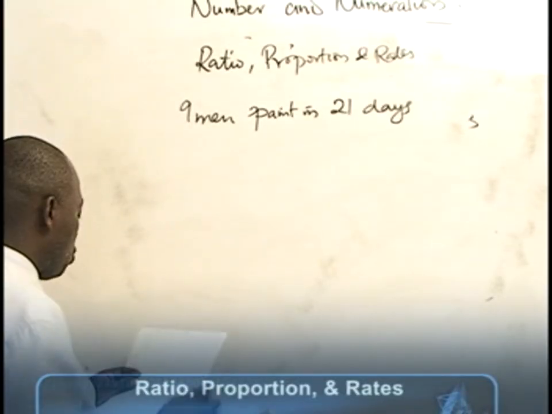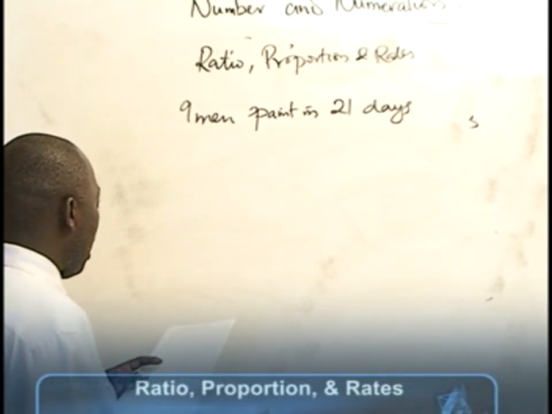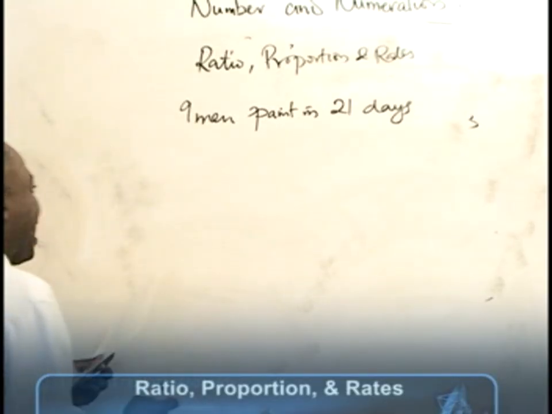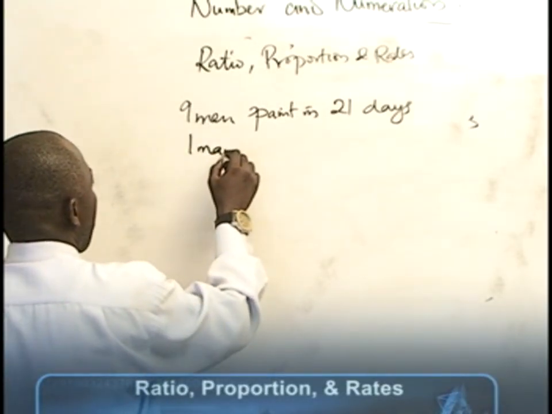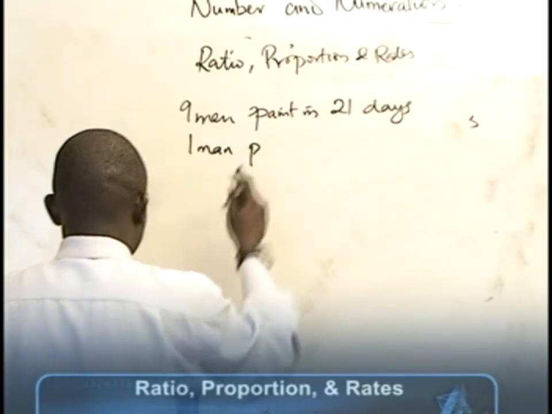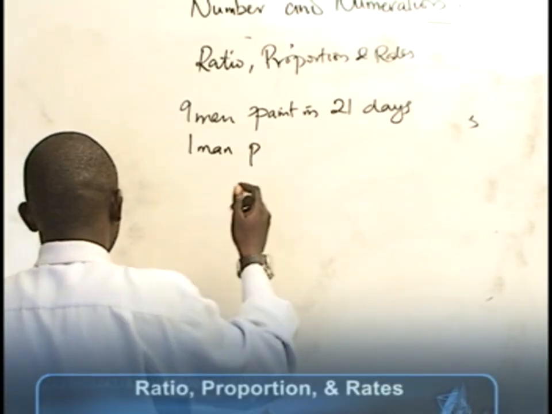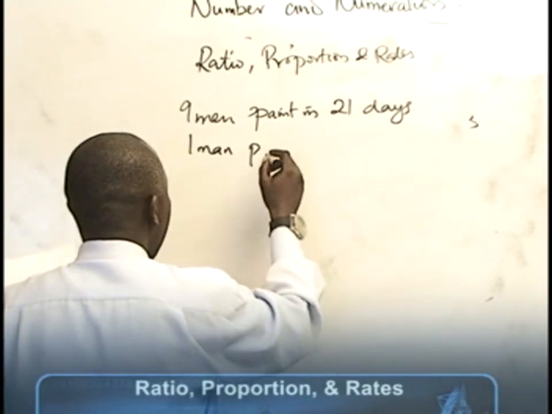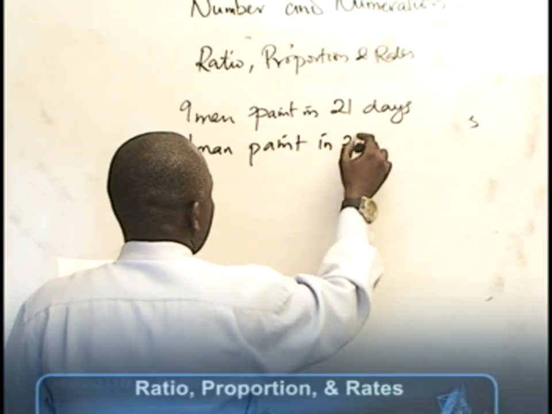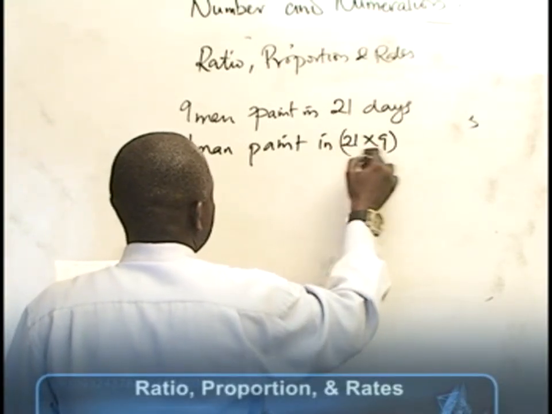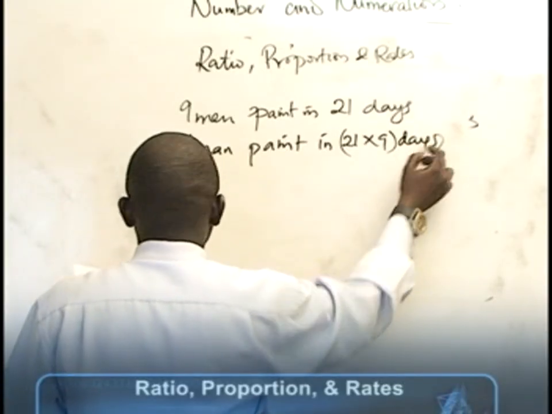One person, it will take him 21 times 9 days. One man will paint it in 21 times 9 days.